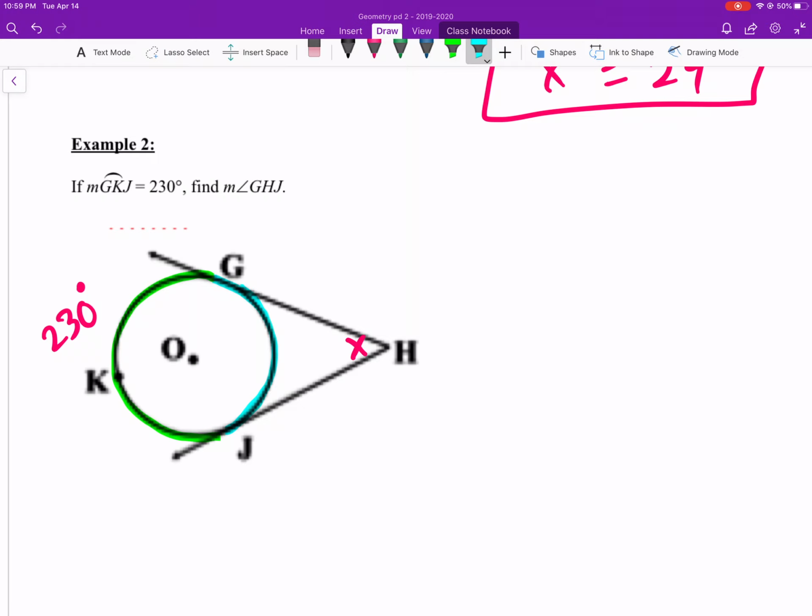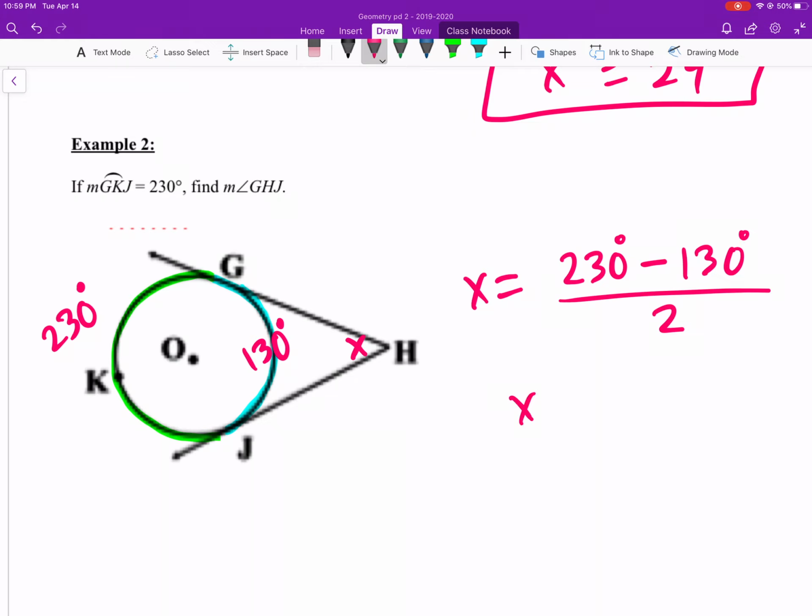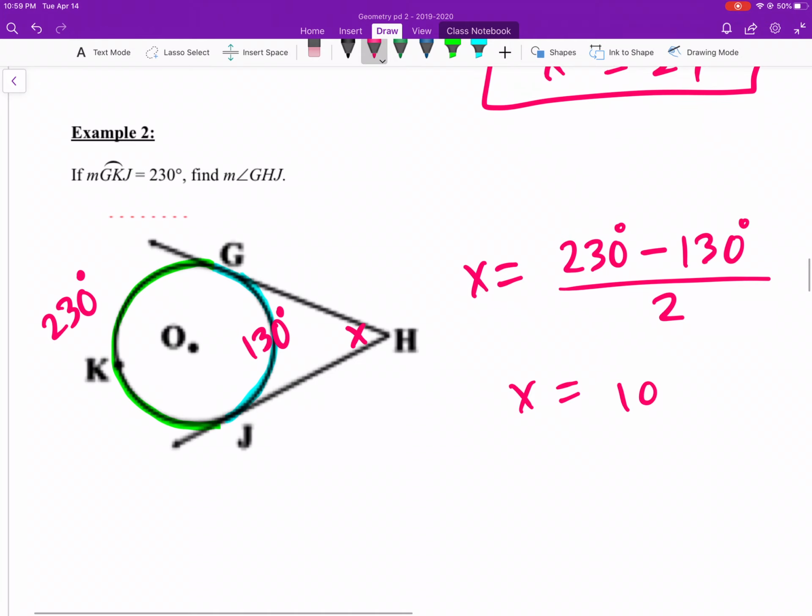Take 360, subtract the 230, and you get 130 degrees for the minor arc. So the exterior angle is equal to the major arc minus the minor arc, divided by 2. So x is 100 divided by 2, which comes to 50 degrees.